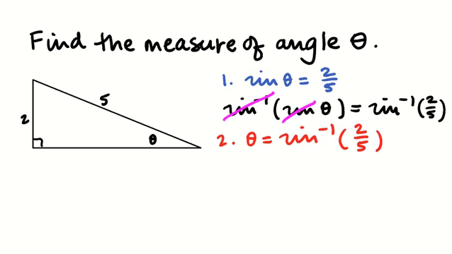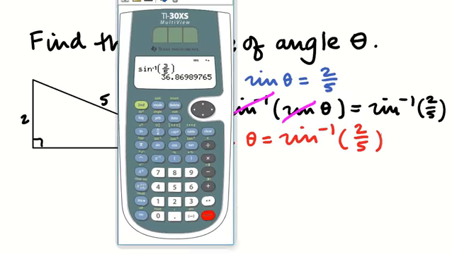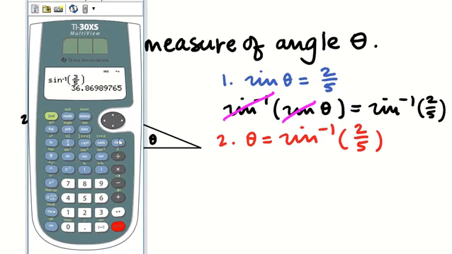Bring in a calculator. Over here, we're going to do inverse sine of 0.4. That's 2/5. That's 23.578 degrees.